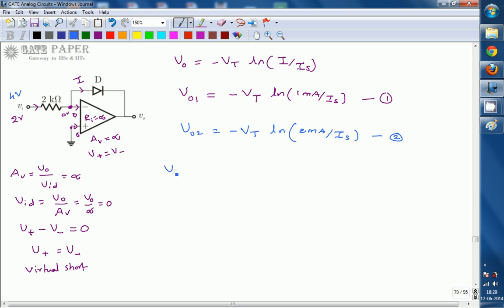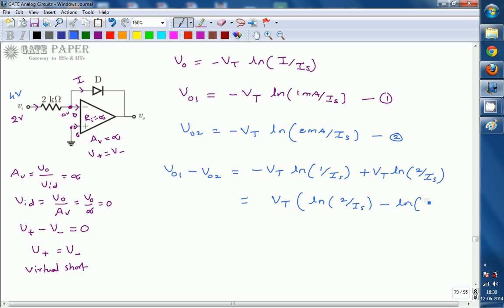Now solve this. V01 minus V02 is equal to minus Vt natural logarithm of 1 by Is, minus of minus becomes plus Vt natural logarithm of 2 by Is. Taking Vt common, we get natural logarithm of 2 by Is minus natural logarithm of 1 by Is.